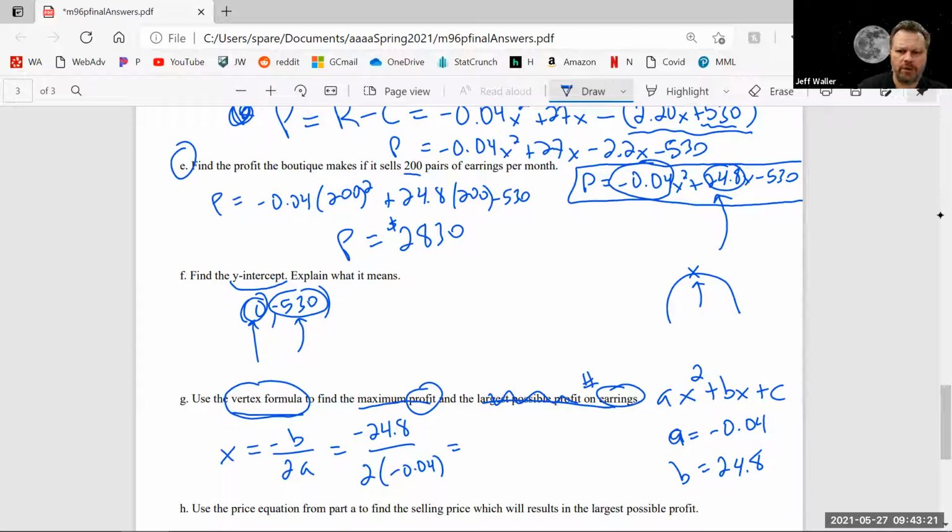Anybody? Do you remember you have to be careful about putting this in your calculator? I got 310. Yes, that's what I got.